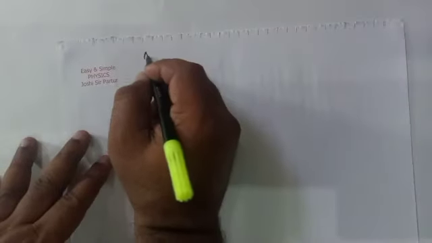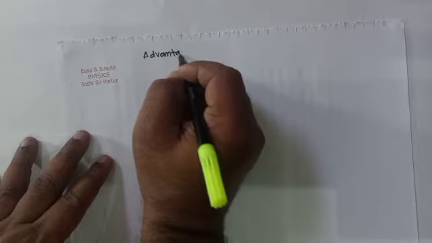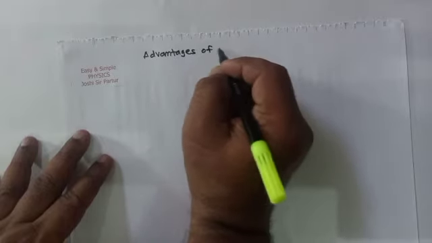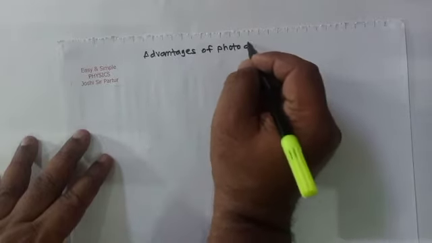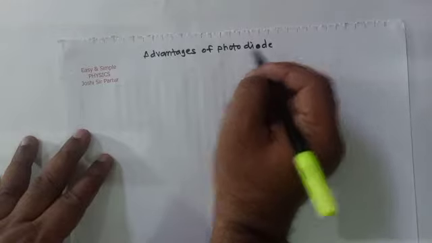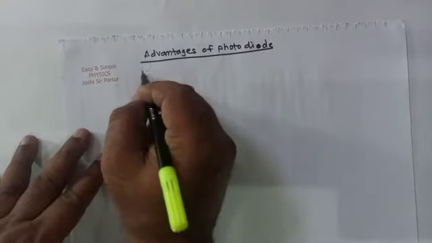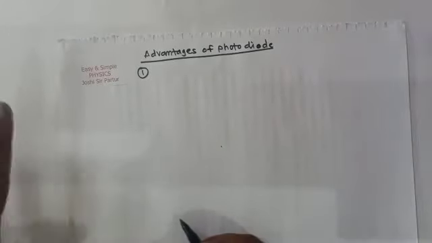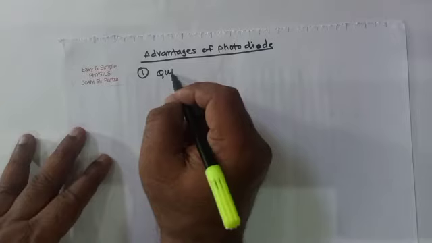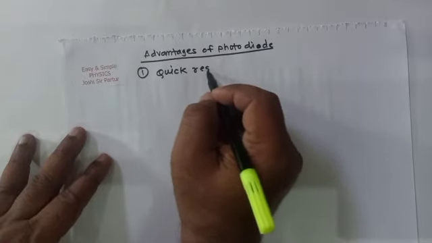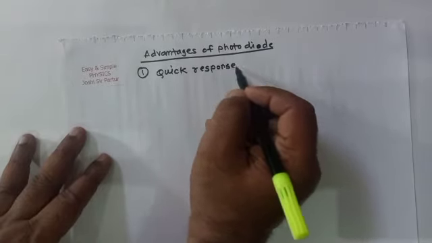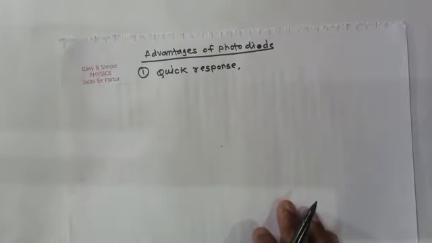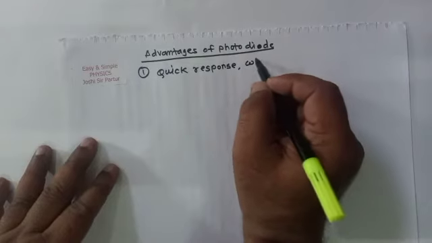We have seen the advantages of photodiode. What are the advantages? Number one, photodiode has quick response, means it gives a quick response when exposed to light.